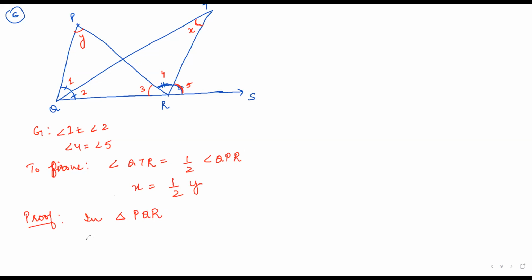Angle Y plus the complete angle Q, so angle 1 plus angle 2, and then plus angle 3, should be 180 degrees. Any problem? No. Angle sum property. I'm taking it as my equation number 1, right?